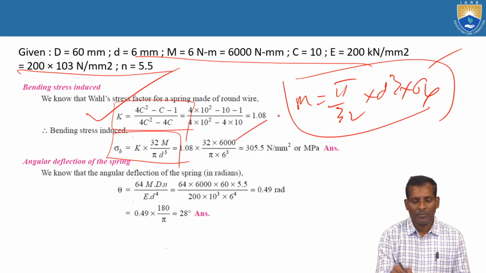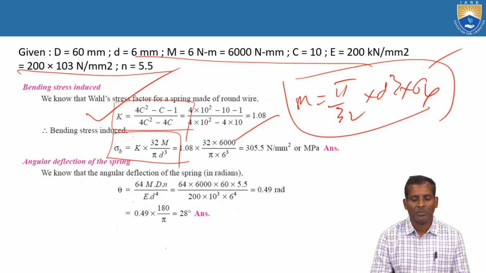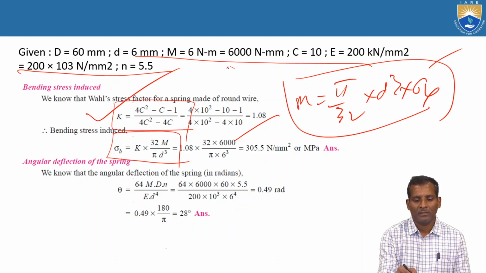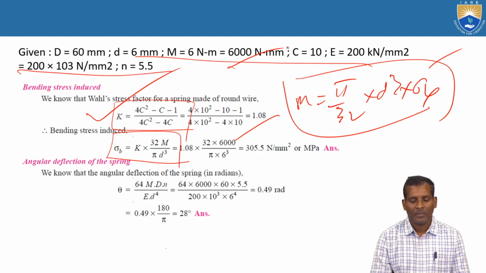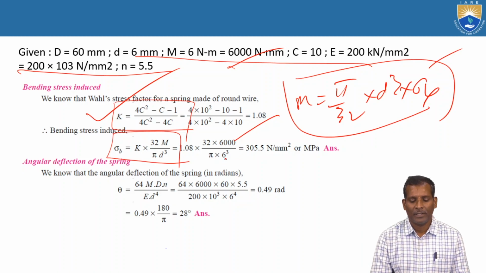The bending moment is 6 Newton meter, that is 6000 Newton mm, and the wire diameter small d is given. So you will get 305.5 Newton per mm square, or megapascal.